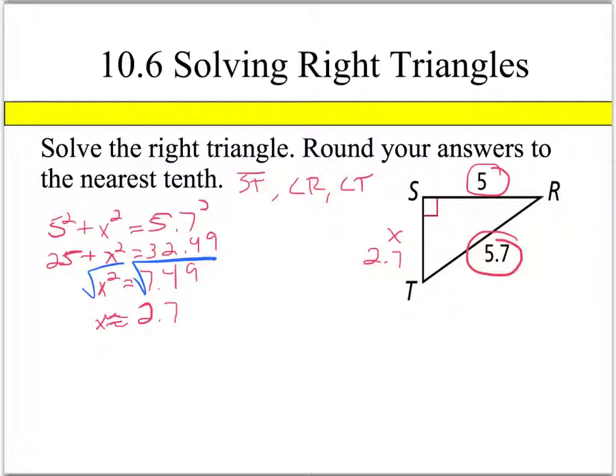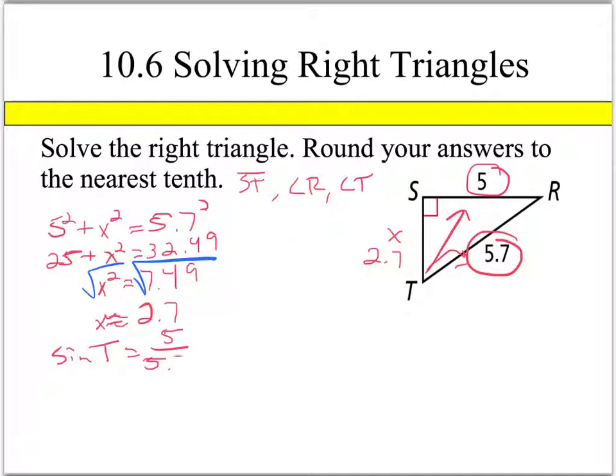It all depends on which one you want to use. I am going to use the sine of T. Now you might be wondering why I am using the sine of T, which is so opposite over hypotenuse. So SOH, opposite over hypotenuse.